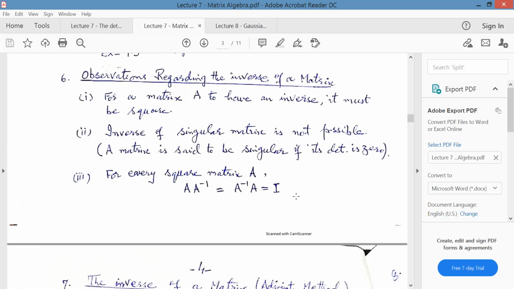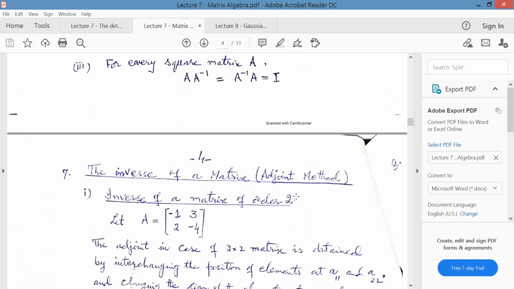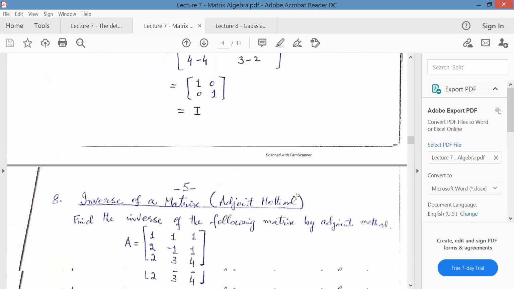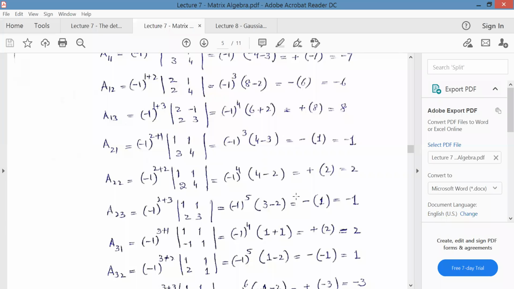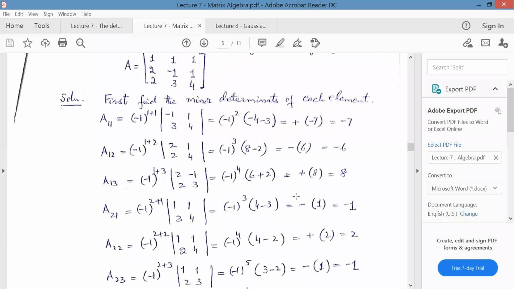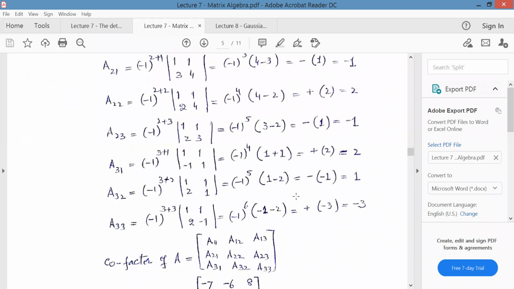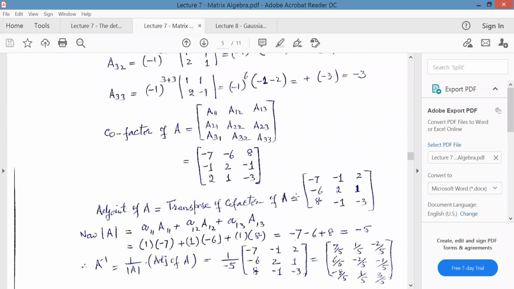So everything has been taught, but your part is to remember all these things. Then you studied about the inverse of a matrix by adjoint matrix method. Here you want to find an adjoint.